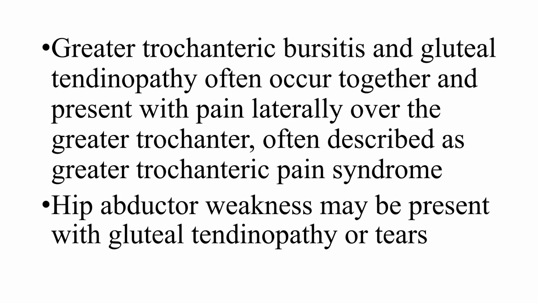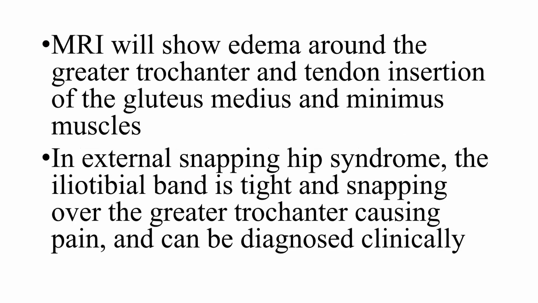MRI will show edema around the greater trochanter and tendon insertion of the gluteus medius and minimus muscles. In external snapping hip syndrome, the iliotibial band is tight and snapping over the greater trochanter, causing pain, and can be diagnosed clinically.